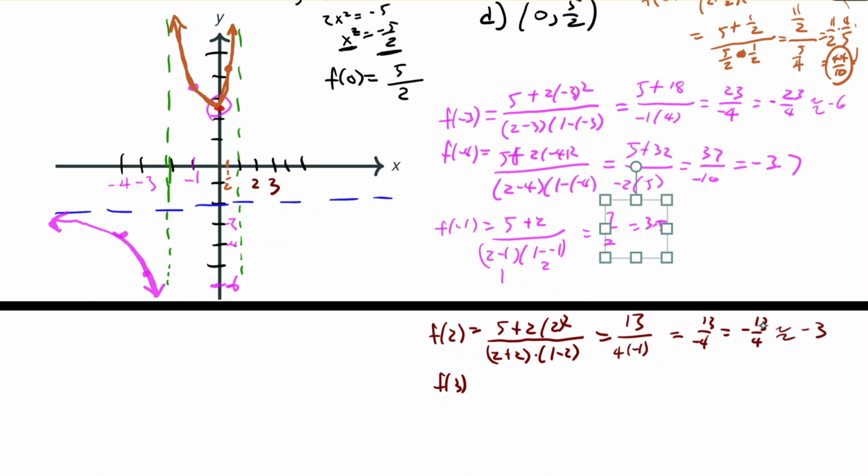This is negative. So negative 3 is here, but it'll be less than negative 3 because 13. If it was 12, it's exactly negative 3, right? So we can plot somewhere here, a little less than negative 3, when x is positive 2.